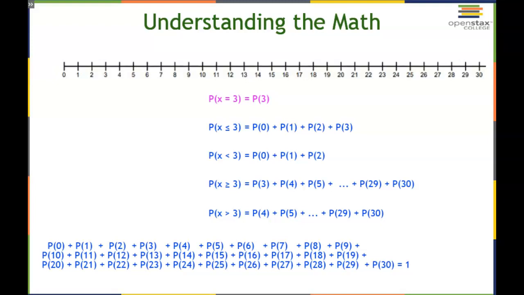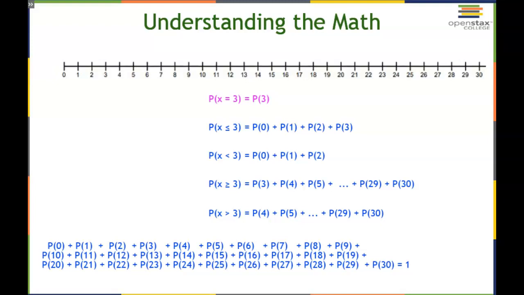So when you have those big, bulky calculations where you have to add up 27 different calculations, we could take the shorter route. I'm going to take the probability that x is greater than or equal to 3, which had 27 calculations, and do the exact opposite.